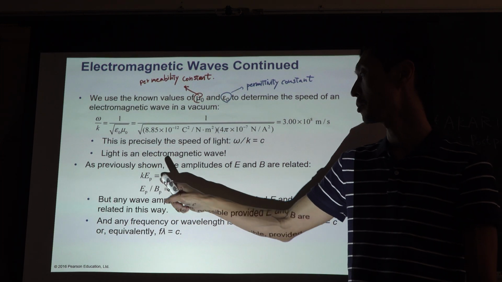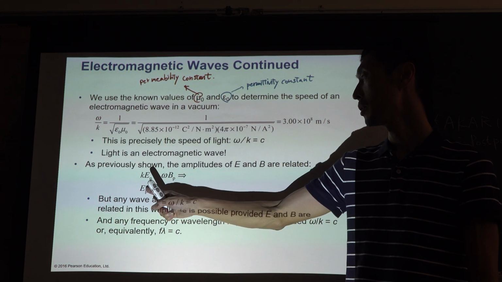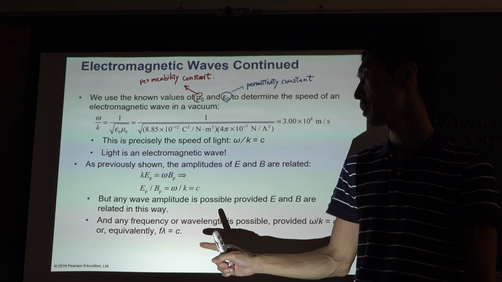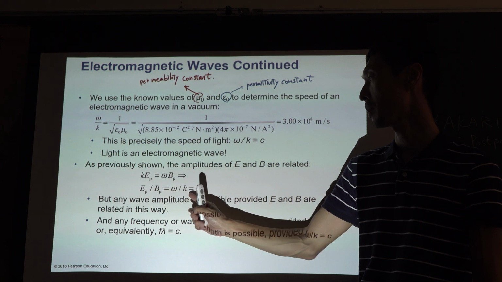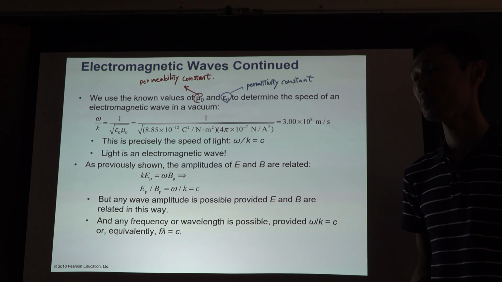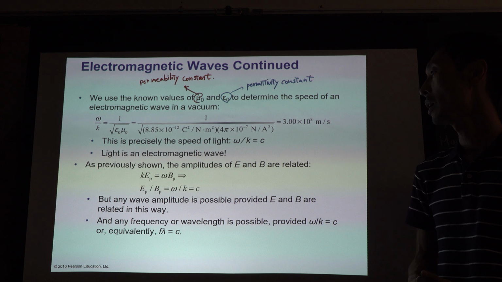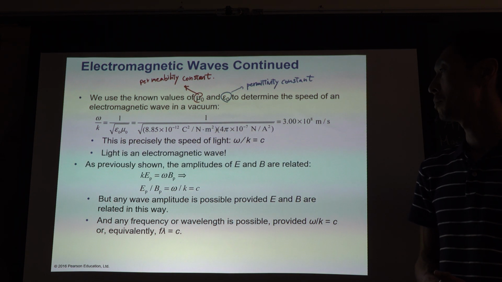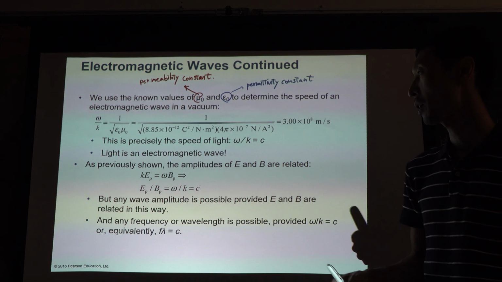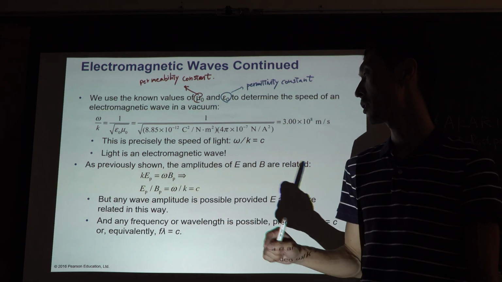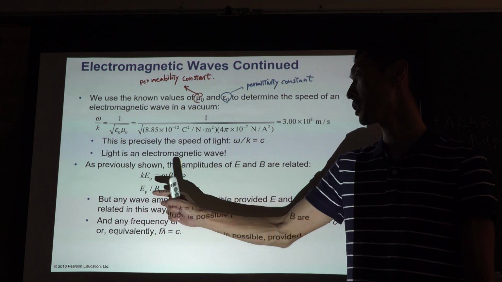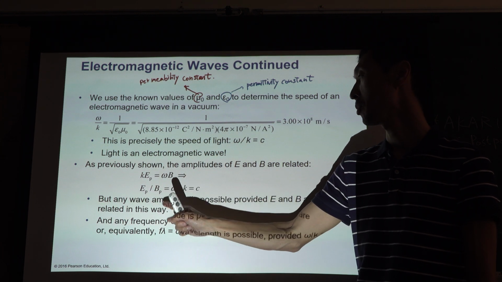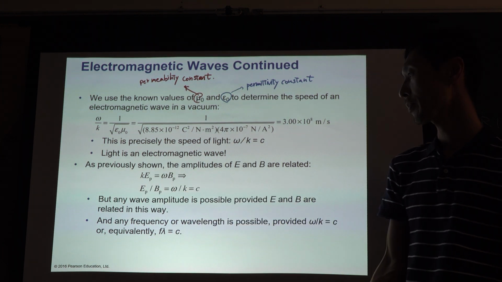Then, as previously shown, the amplitudes of E and B are related in this kind of relation. So the ratio of the E and B peak values is omega divided by k, that is, the speed of light. So any wave amplitude is possible as long as you satisfy this equation. E is larger, B is larger, or B is smaller, E is smaller.